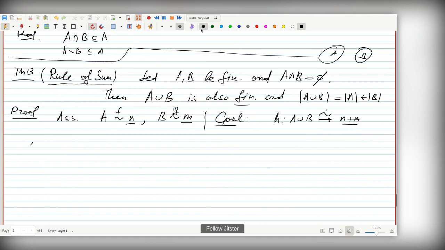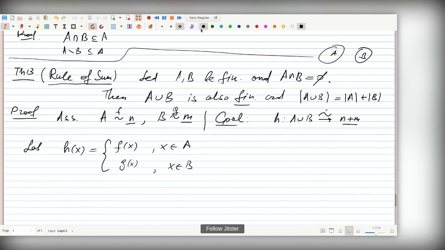Aha! Let us define our function h this way. h of x will equal f of x when x belongs to A. And if x belongs to B, we may take maybe g of x.